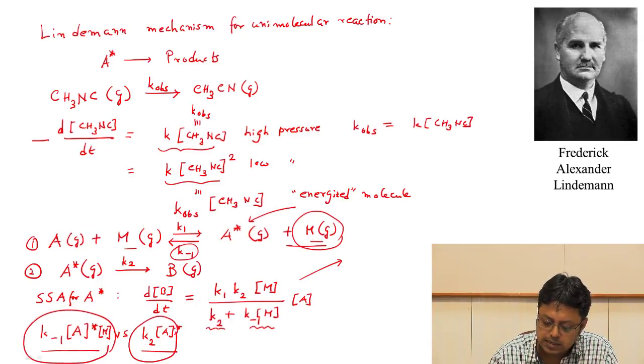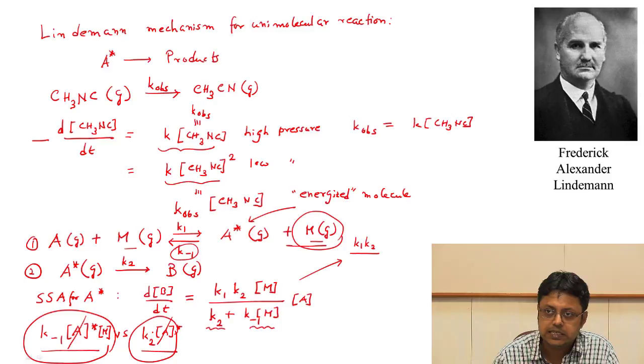So you can easily see that the rate will be nothing but K1 K2 divided by, now deactivation is more, which is this K minus 1 into S star into M, which means you can actually eliminate, when you compare these two terms, you can actually eliminate the A term, A star term, that we exactly did for the steady state approximation. And in that case, this term will now dominate.